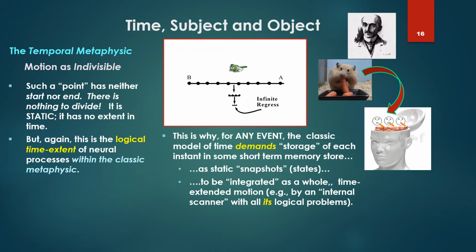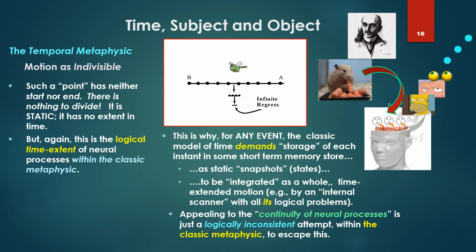But now these are static snapshots. They have to be integrated as a whole time-extended motion, for example, by an internal scanner, with all the logical problems, because now you have to explain how the scanner works. So appealing to the continuity of neural processes is just a logically inconsistent attempt within the classic metaphysic to escape this.